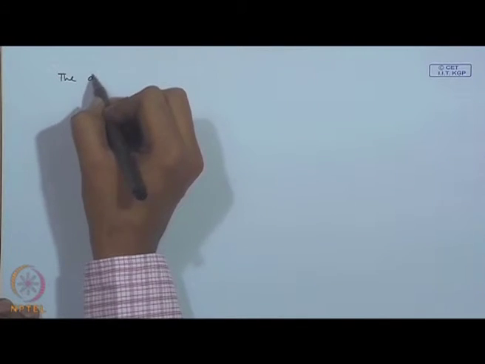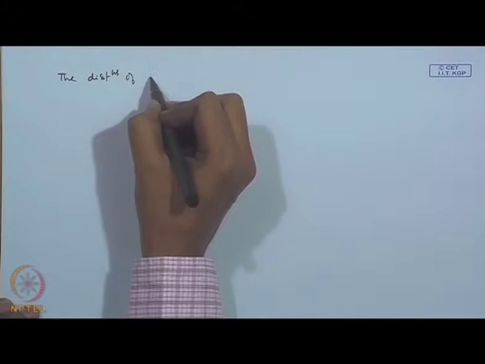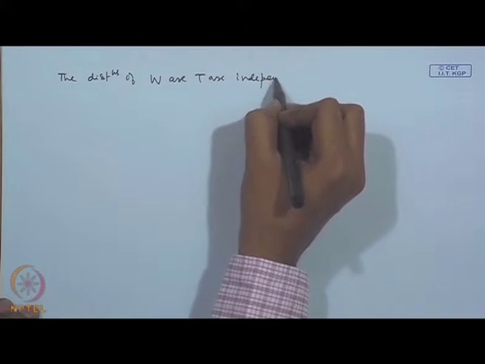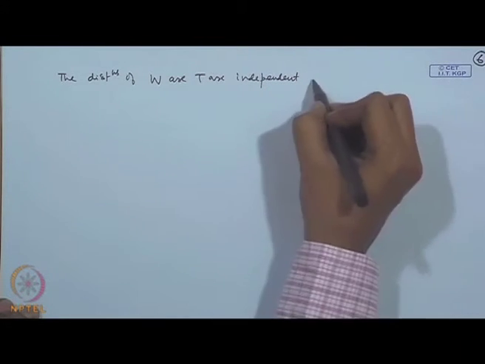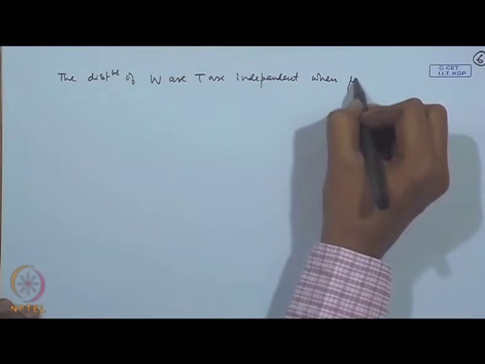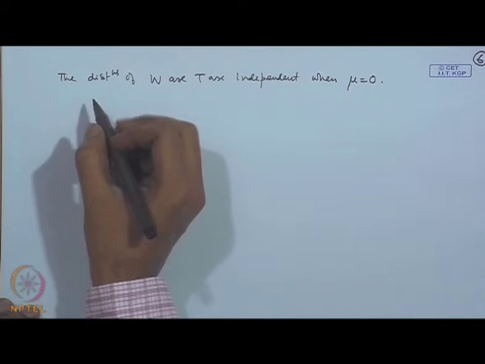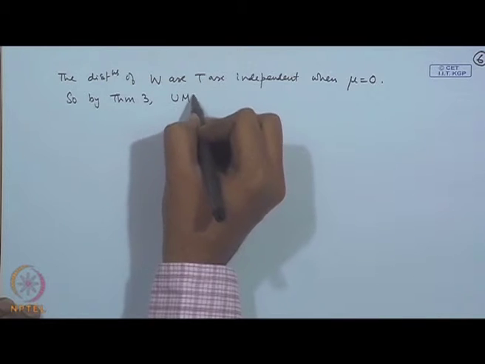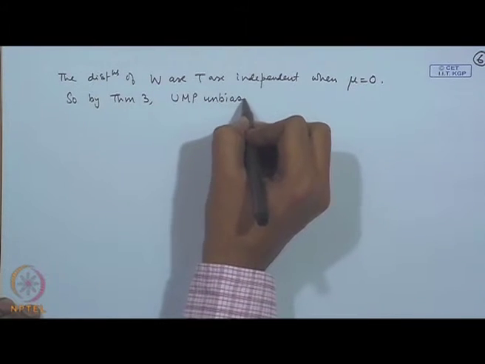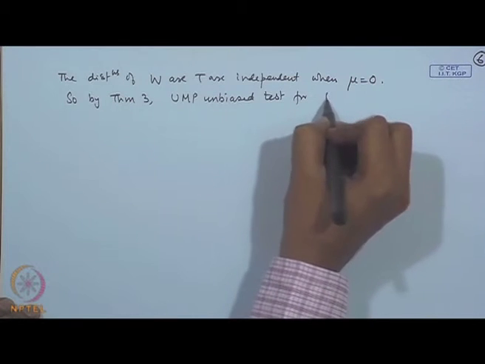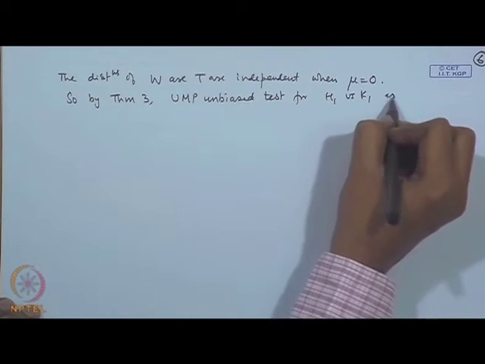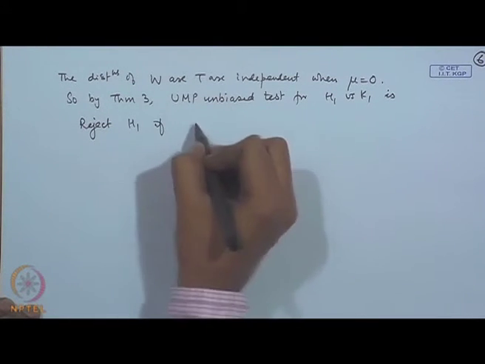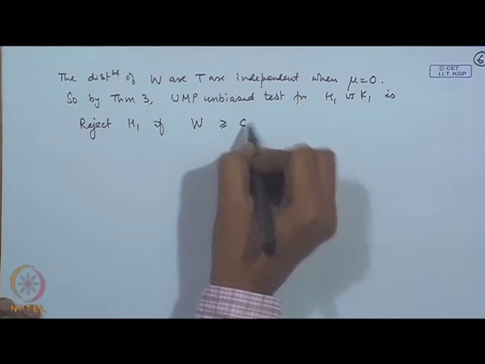The distributions of W and T are independent when mu is equal to 0. So, by theorem 3, the UMP unbiased test for H 1 versus K 1 is reject H 1 if W is greater than or equal to C.